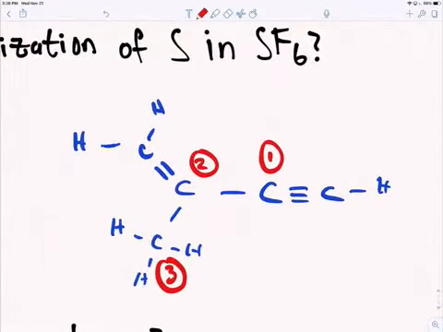So what's the hybridization in carbon number 1? It's a linear geometry, so that means sp, and it's linear because it has two groups, both bonding. It doesn't matter if it's single or triple bond. It's just two groups.